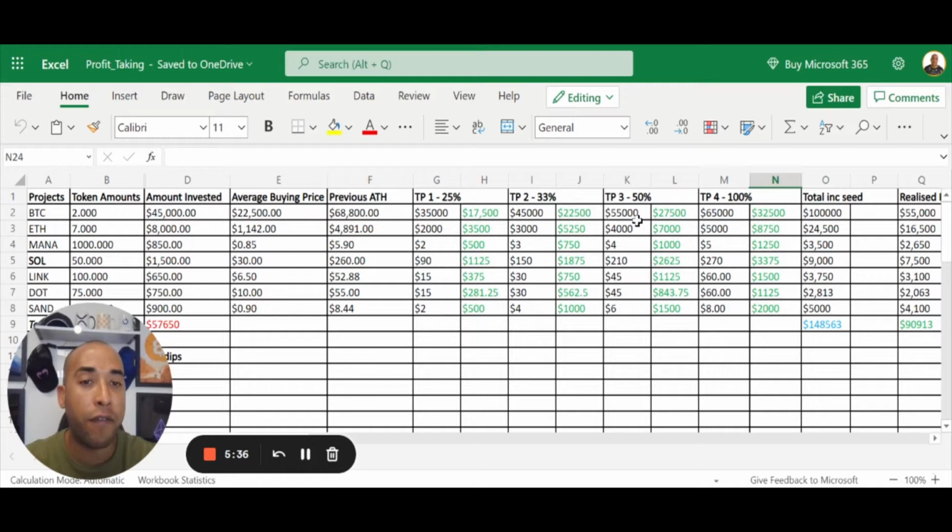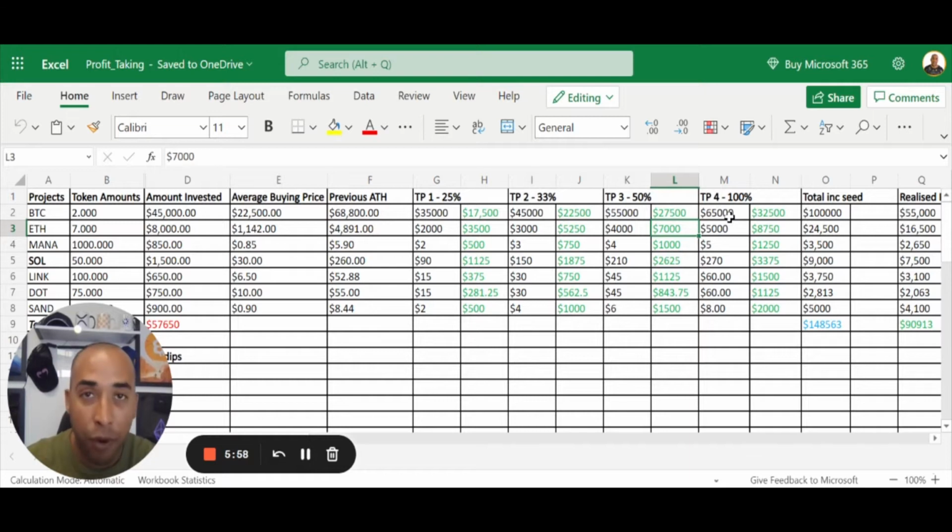So at 55,000, if I sell half of the original half I've got left, I'm getting $27,500 back. Now that is again a quarter of my original amount invested plus the profit I've made between the average buying price and that 55,000 I'm now at.